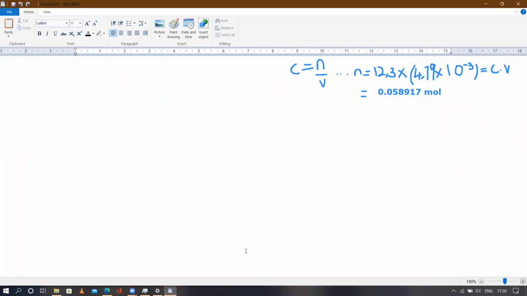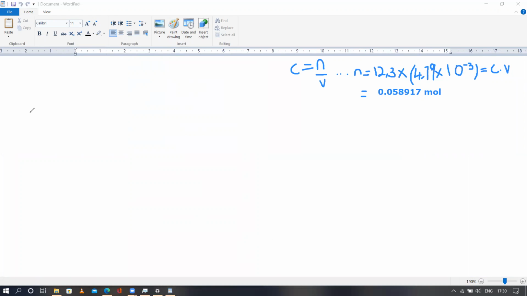So yeah, now we're gonna draw our table. Firstly, we're gonna write down our chemical equation, which is iodine molecules, and they're in equilibrium with the iodine atoms, 2I.